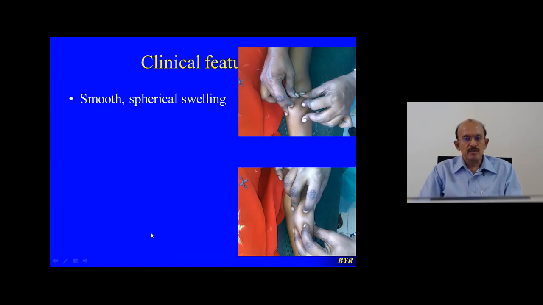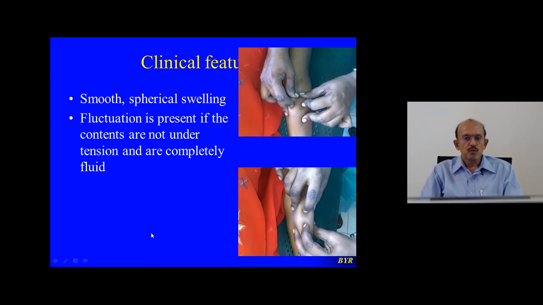Clinical features of a cyst: smooth spherical swelling. Fluctuation is present if the contents are not under tension and are completely fluid. So this is how you elicit fluctuation. This is the swelling supposed to be the cyst. You must hold the swelling on either side with your two hands. Thumb and middle finger steady the swelling.